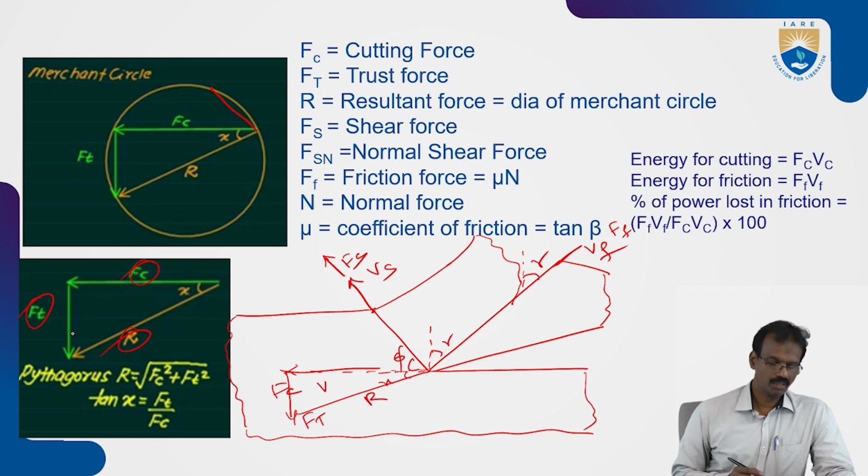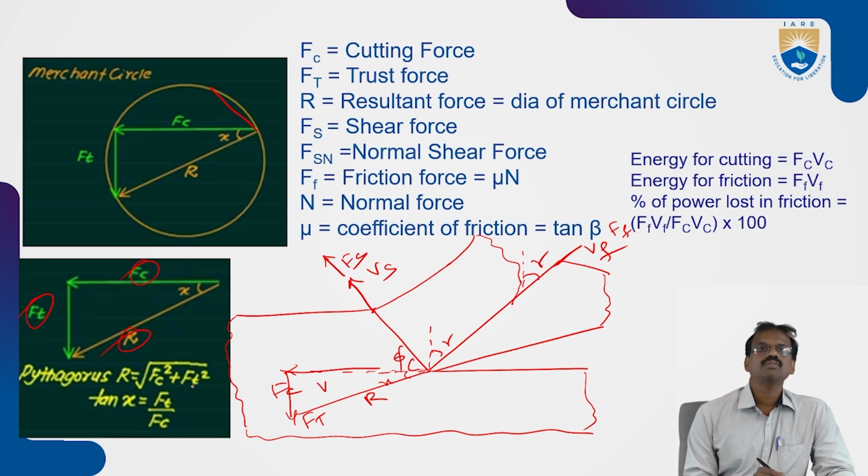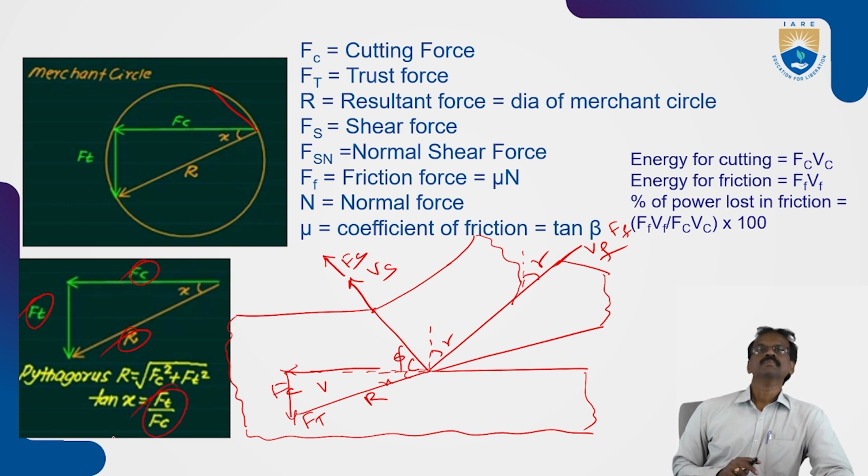Then according to the Pythagoras theorem, resultant R is equal to the square root of FC square plus FT square. So tan x is equal to the opposite force FT by the adjacent force FC. You have to remember this one.